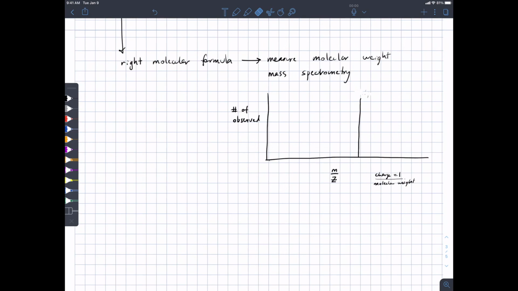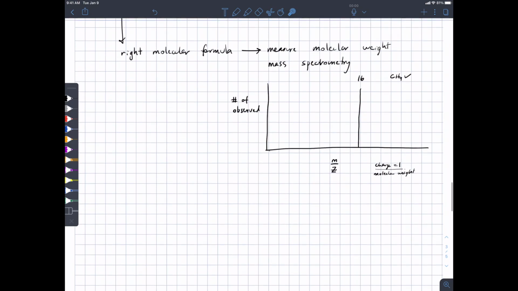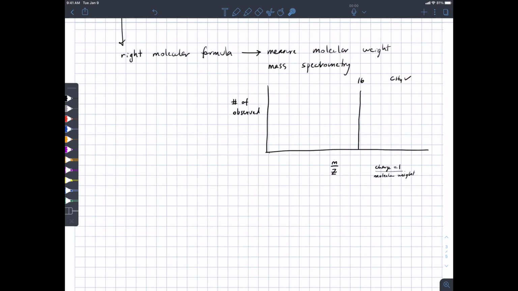Help me. 16, right? M/Z ratio of 16. And then we would know, okay, that's consistent with methane. There's more to talk about, but I think this will be enough for what we're doing. You're going to be looking for agreement between the predicted molecular weight that you're expecting versus what you observe.